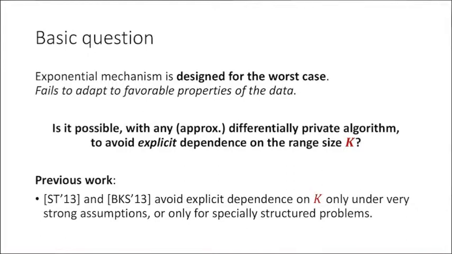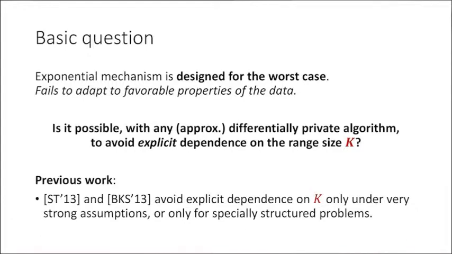And this is problematic for applications in machine learning and data mining. One conjecture for why these methods work so well in practice is that the world is not inherently adversarial.